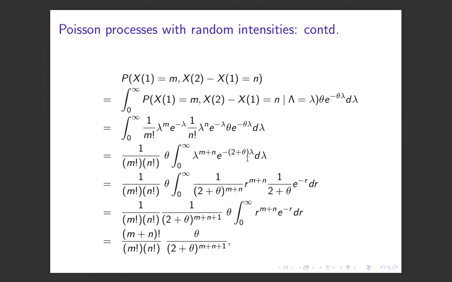So this lambda to the power m plus n becomes r to the power m plus n divided by (2 plus theta) to the power m plus n. And similarly, dr divided by this is d lambda.